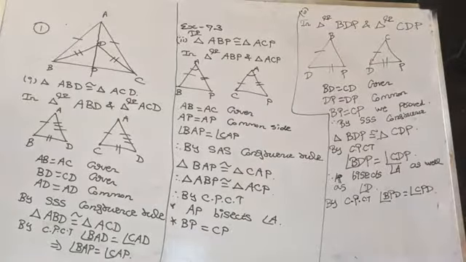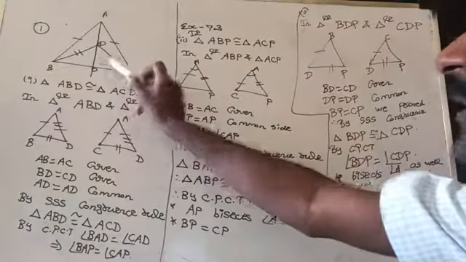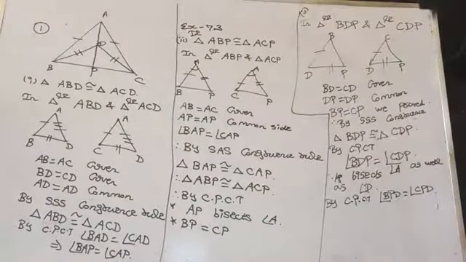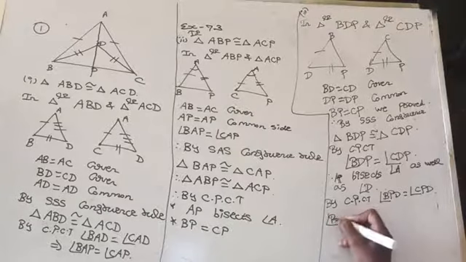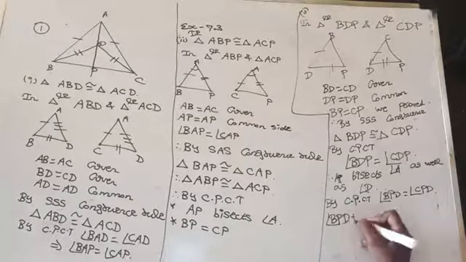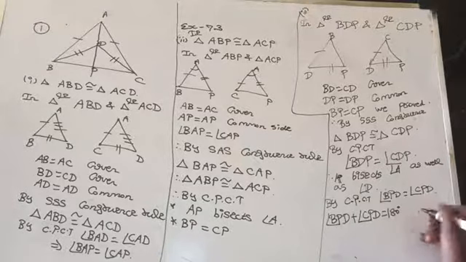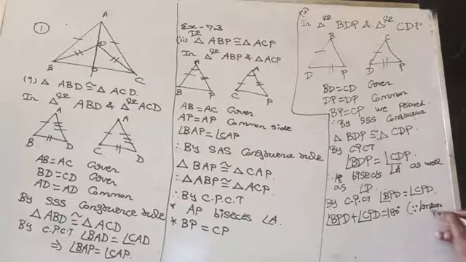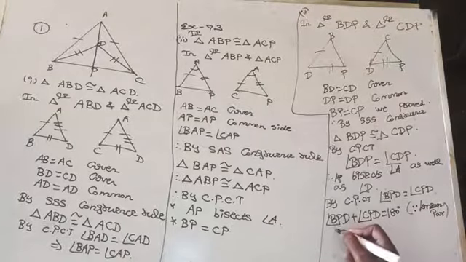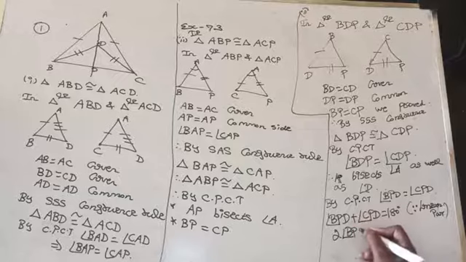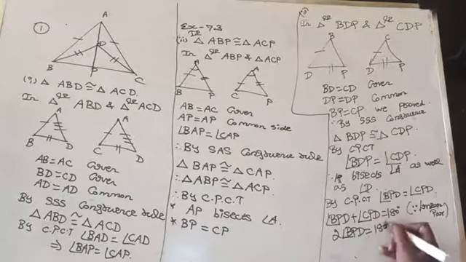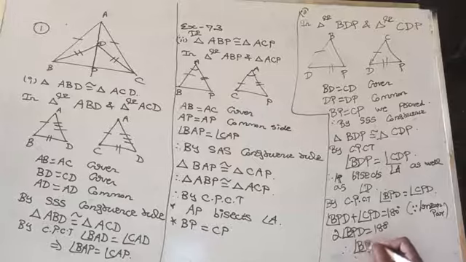Angle BPD plus angle CPD equals 180 degrees. Can you tell me why? Yes, it is a linear pair: if a ray stands on a line, then the adjacent angles are supplementary. Since these two angles are equal, twice angle BPD equals 180 degrees. Therefore, angle BPD equals 90 degrees.